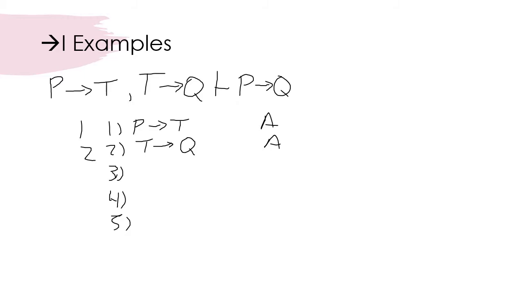Then we're going to look at our conclusion like we always do too. And what's the main operator in the conclusion? Well, the main operator is an arrow. And that's going to be your hint as to what you're going to need to do in the proof. Because if your conclusion is an arrow, you're going to assume the antecedent and you're going to look to prove the consequent. So we'll assume P, and this is a provisional assumption, so we need to mark it as a PA.